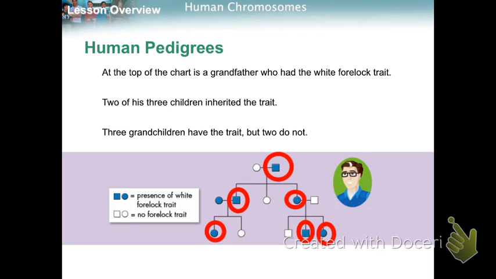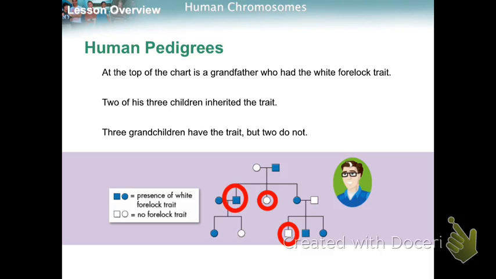The relationship between this woman and this male is aunt to nephew. This is father and daughter. Make sure you understand how to read the relationships in a pedigree.